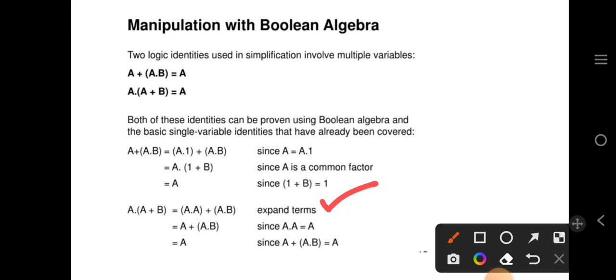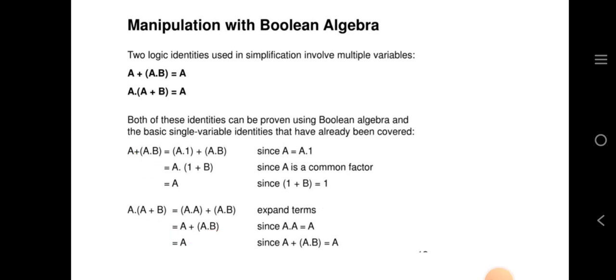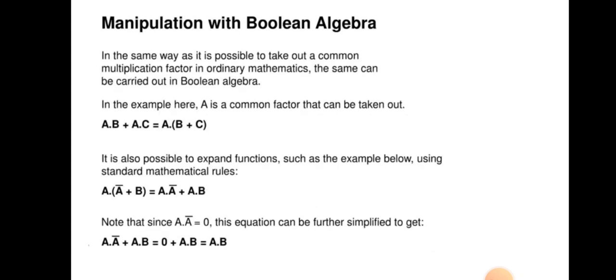Now we know that A dot A, in case of Boolean algebra, is A. So we have written here A, and A dot B is as it is. And as we have just proved above, A plus in bracket A dot B is nothing but A. So here the equation is written as A. Thus we have proved the second equation.